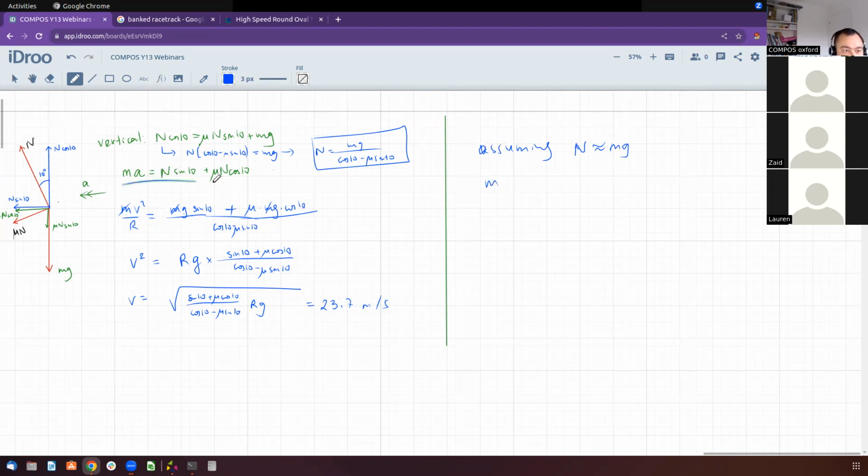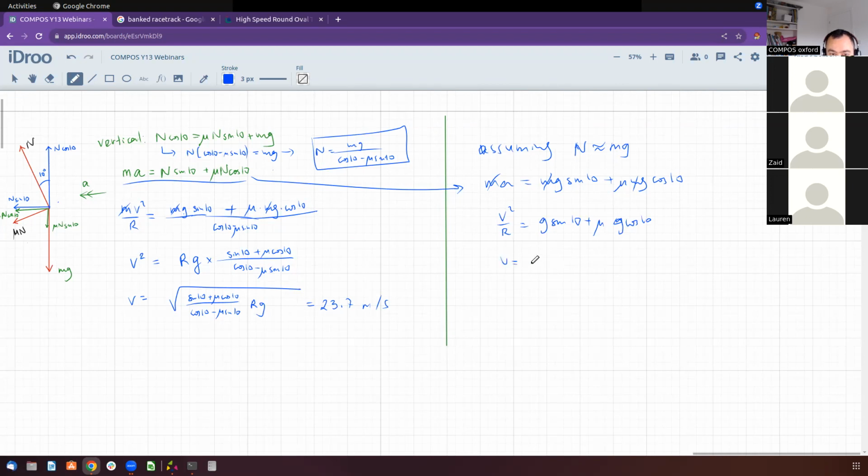So from here, you take this bit. So ma equals mg sine 10 plus mu mg cos 10. M cancels. We have v squared over r is equal to g sine 10 plus mu g cos 10.